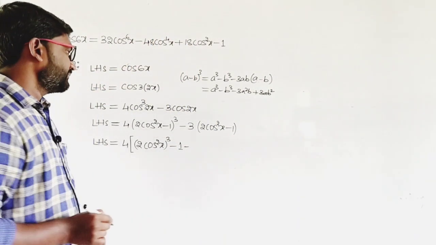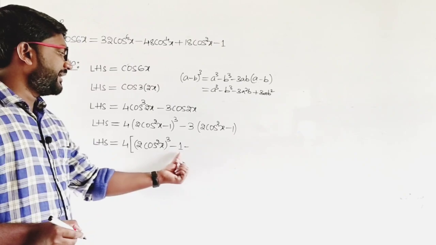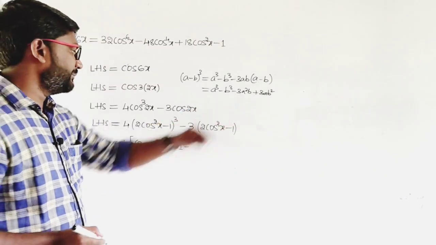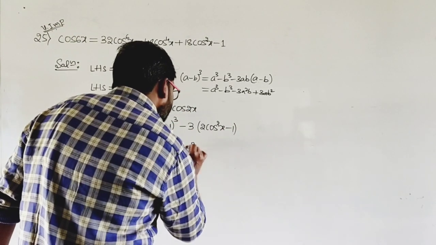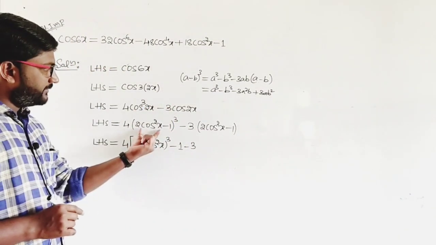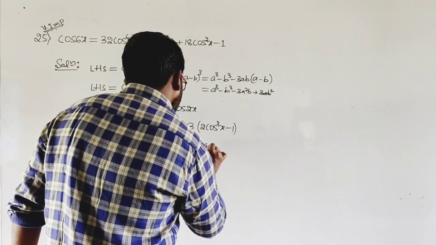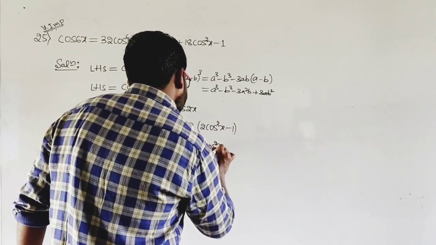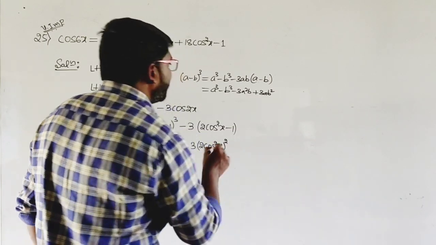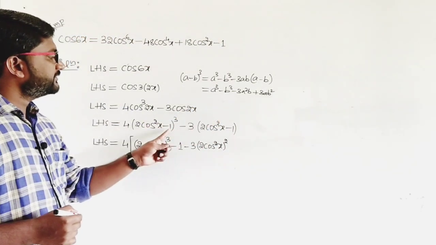So now see here, a cube minus b cube minus 3a square b. For 3a square, this is a, we have to take the square of this, it is 2 cos square x the whole square into b, that means into 1.